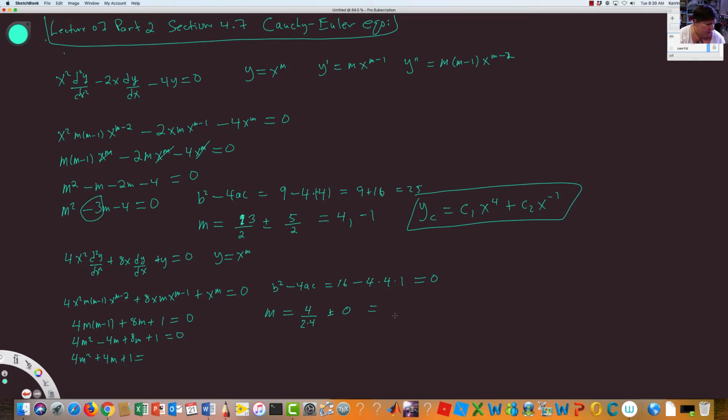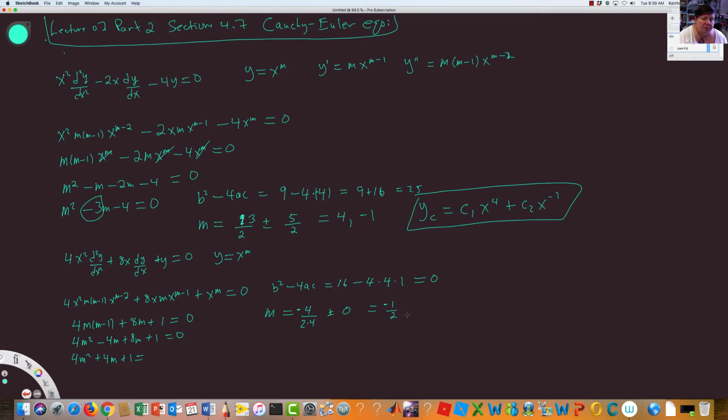I mean, they're two roots that are equal, right? So we get 1/2, oh, sorry, the minus, right? Because it's minus b over 2a. So we have minus 1/2. Okay, good. But they're the same, right? There's two roots that are exactly the same, right? Minus 1/2 plus 0 and minus 1/2 minus 0.